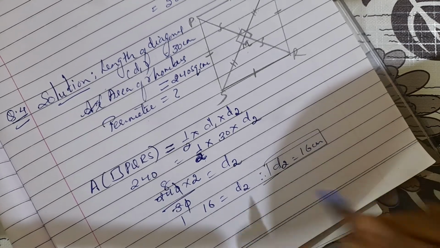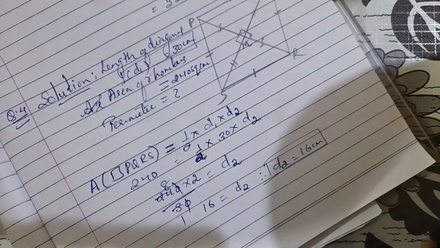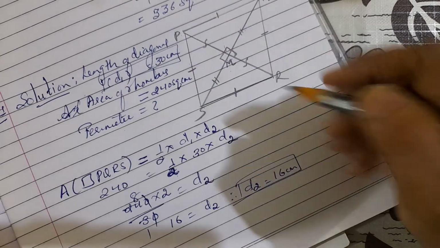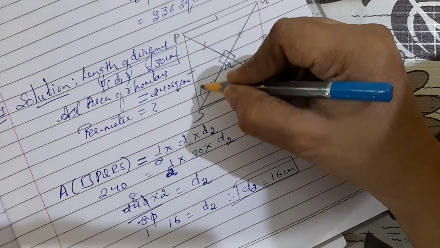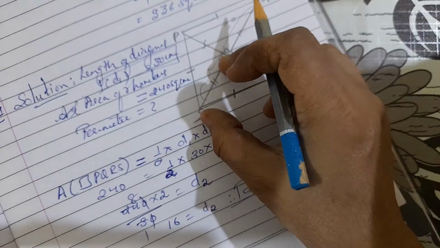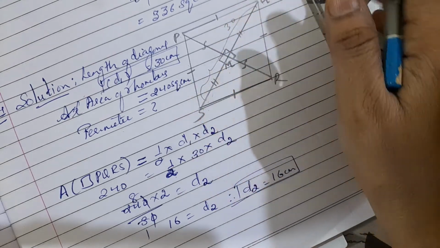Now see children, we got D2, we already have D1, and we have the area. Now coming to this, observe very carefully. This is full 30 centimeter, SQ is 30 centimeter. Then half will be 15, so this will be 15 and this will be 15.